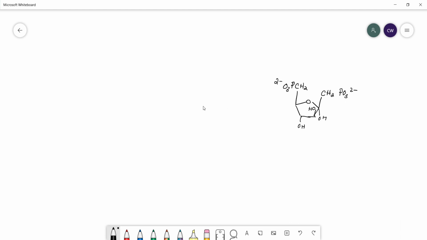And so we have to cleave this new molecule. And you'll notice I didn't erase it, and that's because this is an equilibrium reaction.